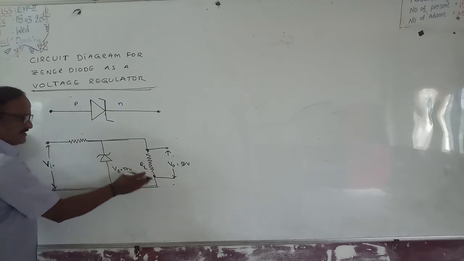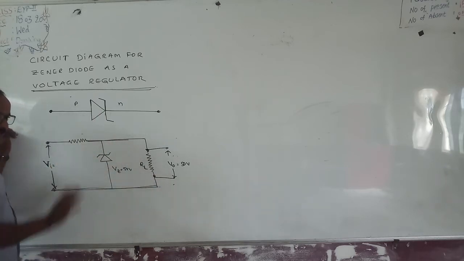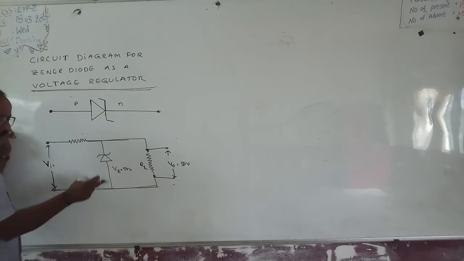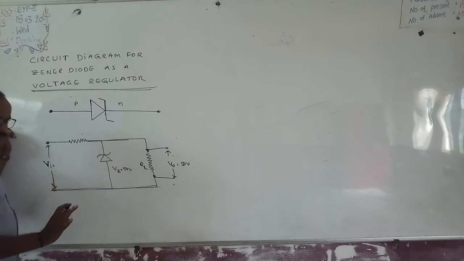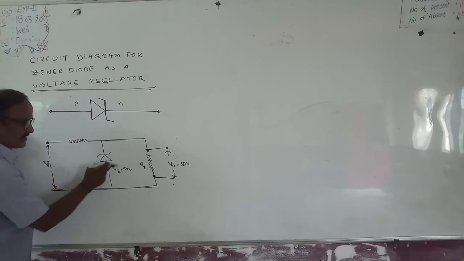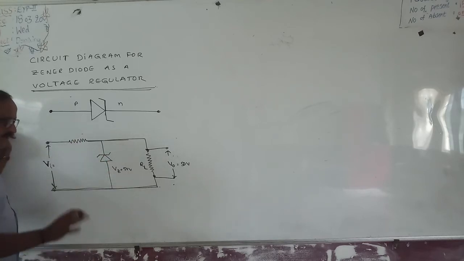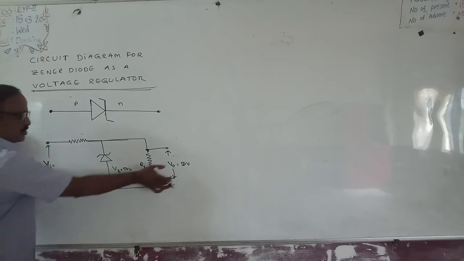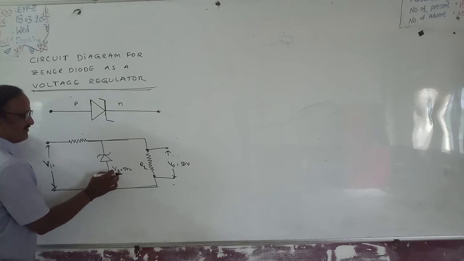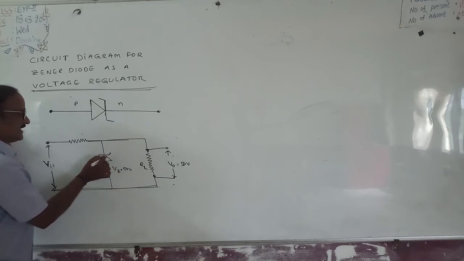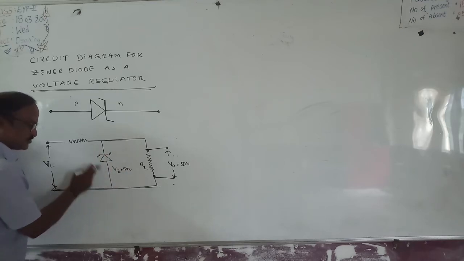Different electrical appliances work with different potential differences, so different voltage regulators are designed. Different voltage regulators means the diode has different breakdown or Zener potentials. Suppose output is 50, breakdown is also 50. A diode having Vz equal to 50 volts is used as the voltage regulator.